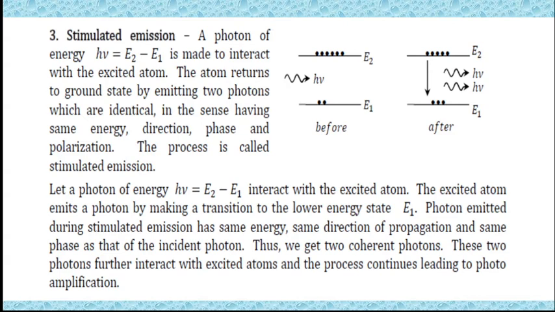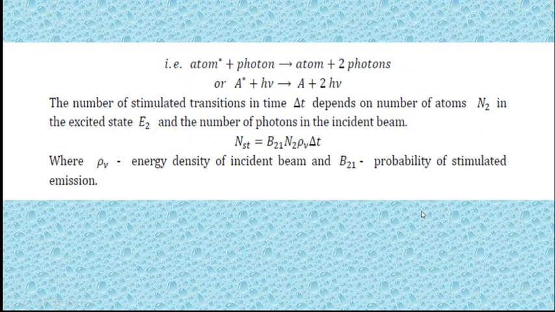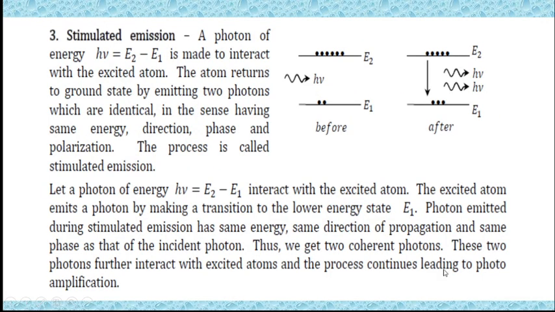They are identical in the sense that they are coherent, and further they have the same phase, same direction of propagation, same polarization, and same energy. So these two photons are called identical photons.